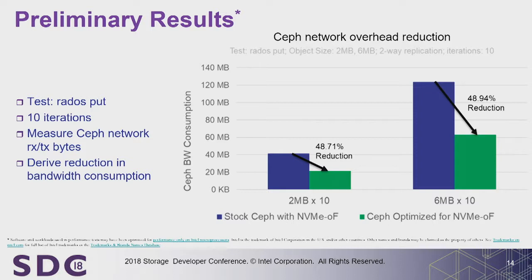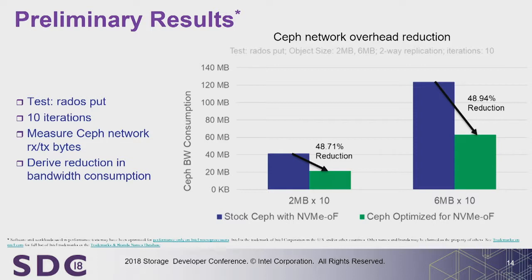And by the way, this is with two-way replication. So essentially, for stock Ceph with NVMe-over-Fabric, you end up transferring 40 MB per put, and with the approach we are proposing, you get about a 48% reduction. And similarly for the larger object size.